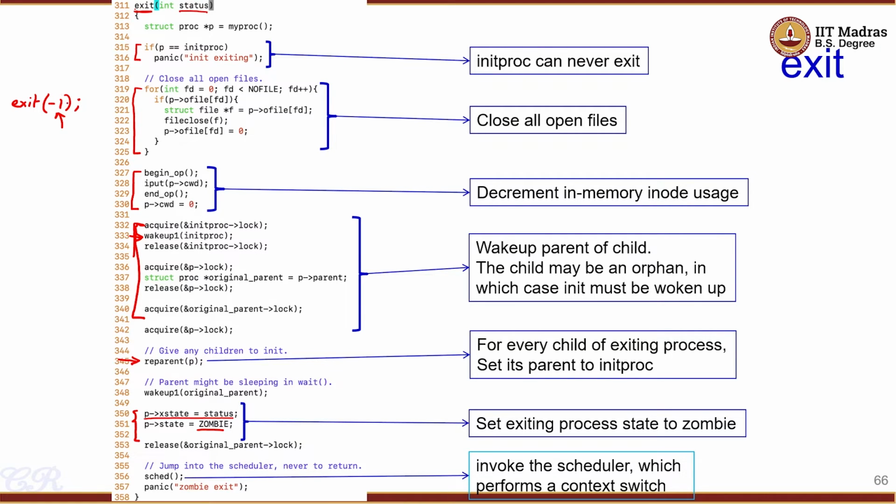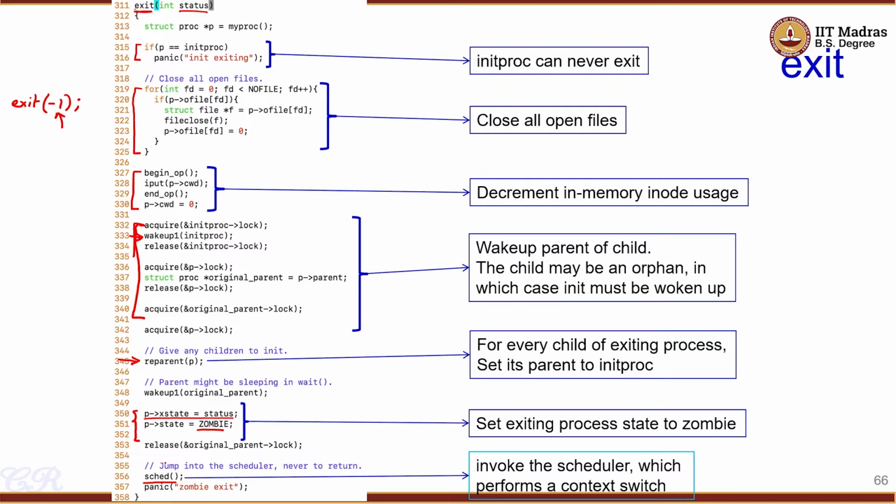So in our example, if we invoke exit(-1) from our user program, then xstatus is set to -1.